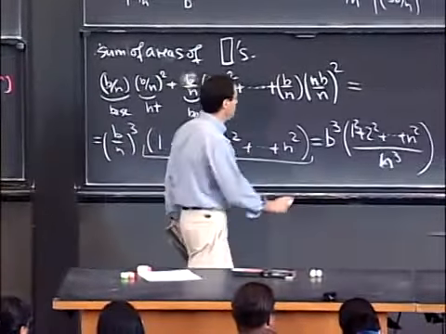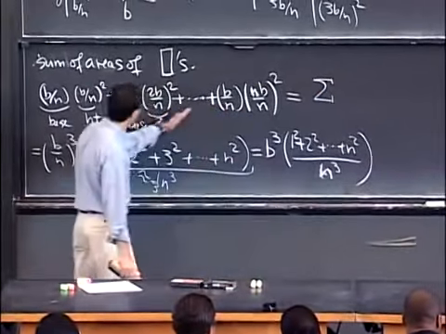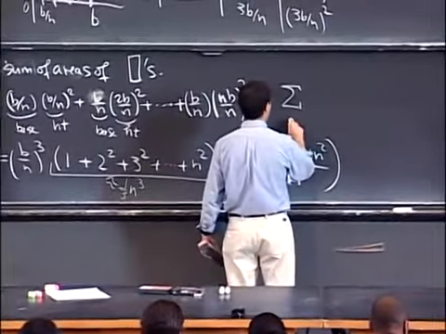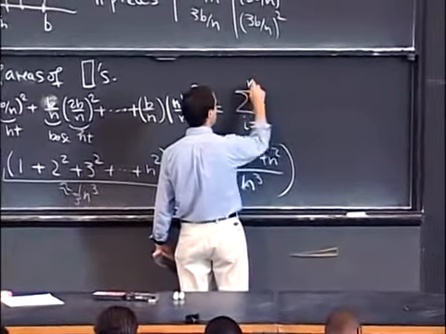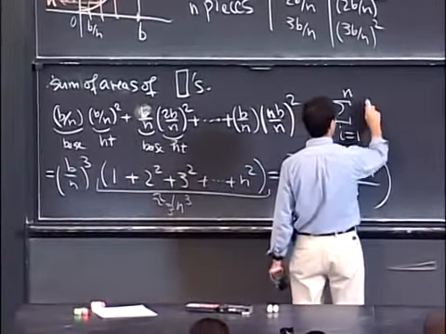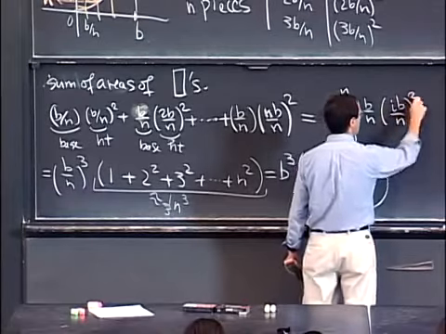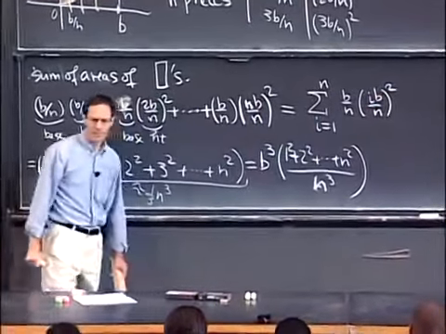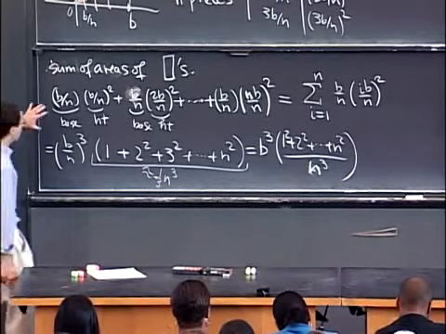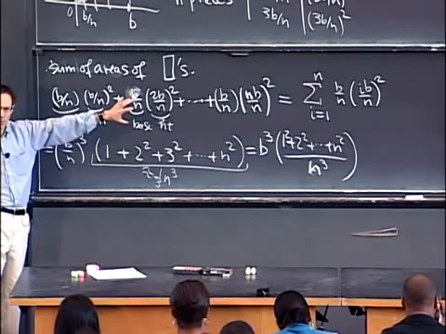And this one can be written in the following way, and I hope you agree, this is rather hard to scan, but one way of writing it is the sum from i equals 1 to n of, now I have to write down the formula for the general term, which is b over n times i b over n squared. So that's a way of abbreviating this massive formula into one which is just a lot shorter.